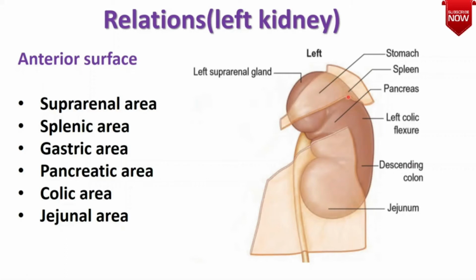Below the spleen, there is a location of the splenic flexure. So this part is related to the left colic flexure or splenic flexure. After the splenic flexure, colon continues as descending colon. So this part is related to the descending colon, and these areas are peritoneal relation.